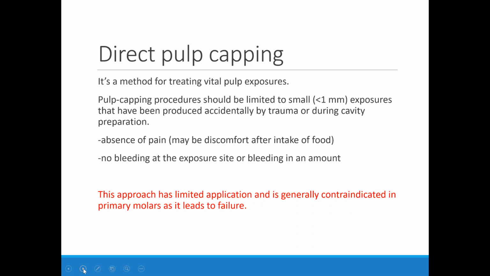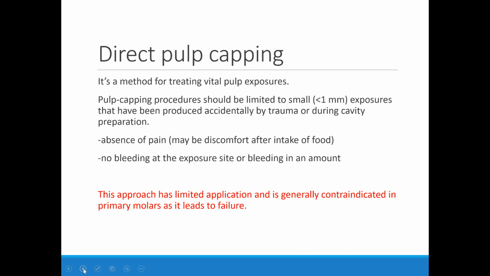This approach has limited application and is generally contraindicated in primary molars, as it leads to failure. When we discussed the anatomical and physiological features of the primary tooth, I underlined for you that the pulp of primary teeth is not ready to produce secondary or tertiary dentin.